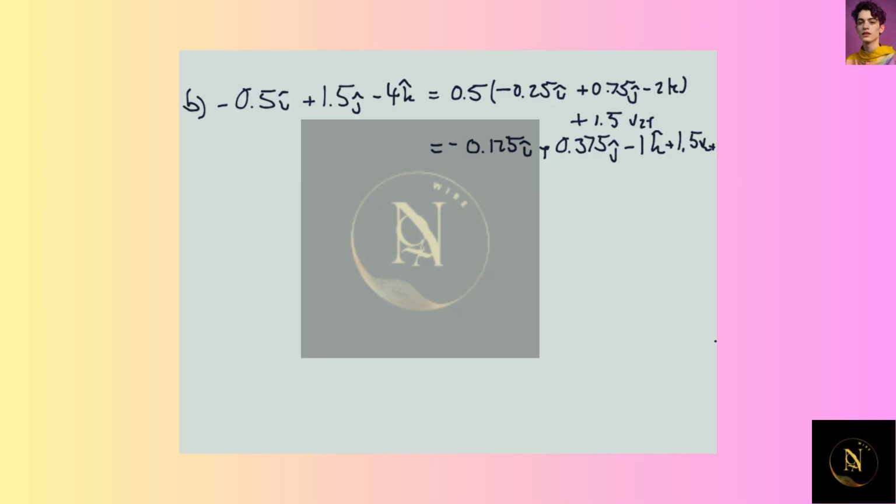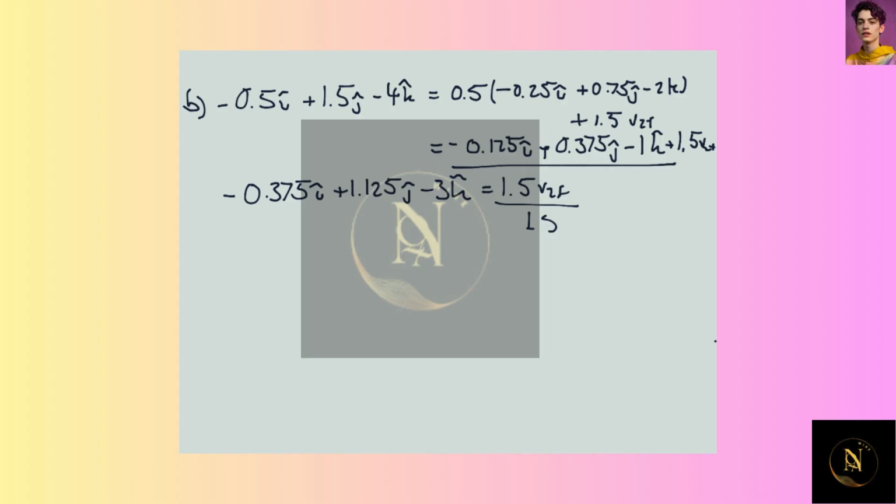Now we'll bring everything on this side, apart from the V2F, over by adding or subtracting. So what we should have is negative 0.375i plus 1.125j minus 3k is equal to the 1.5 V2F.